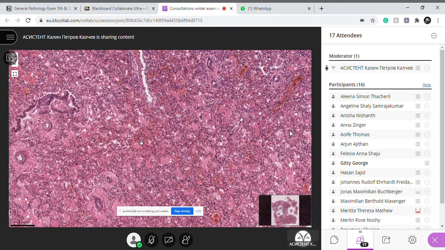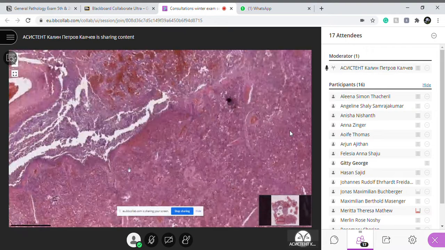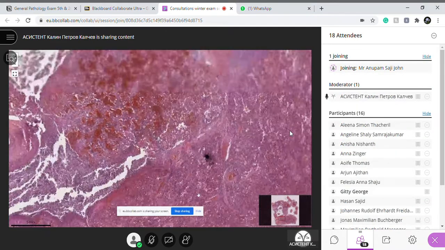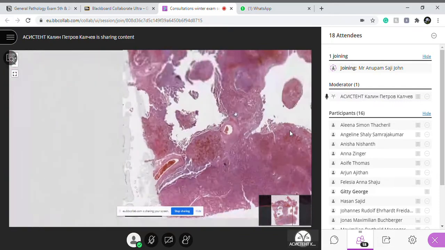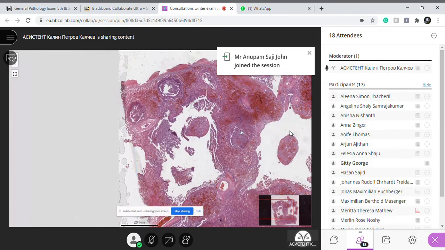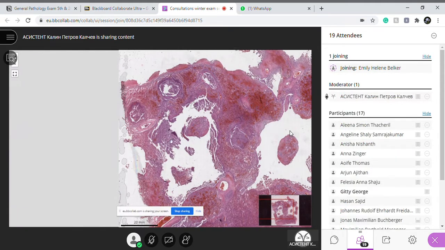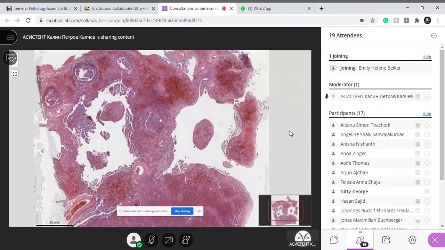And the next thing that you have to say is what kind of pneumonia this is. When I zoom out, you will see that in this lung there are several cavitations. Here there are two great cavities, here and here, and several smaller cavities over here.